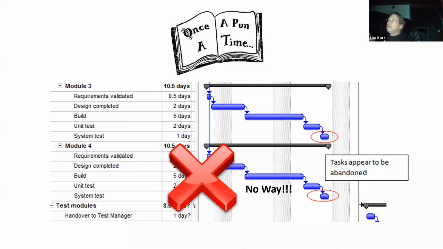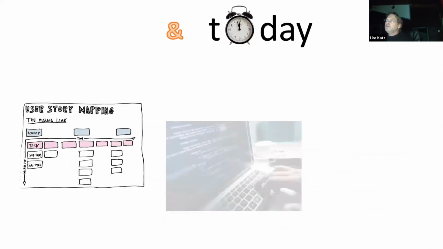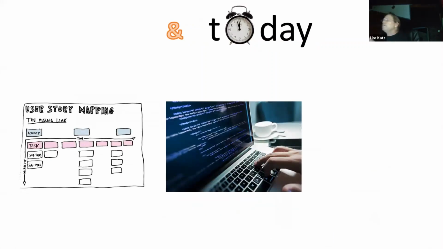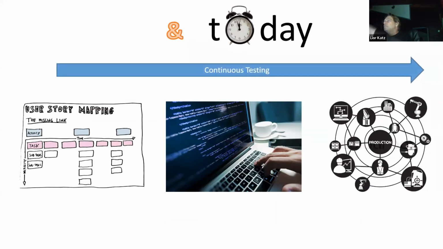Now, no way. Customers want delivery at least in a 3 or 4 week sprint, or 2 week sprint, or there are companies that go to production 5 times a day. So today we have user story mapping, coding, testing, and production, and continuous testing, of course, above all this process. This is what we have today.